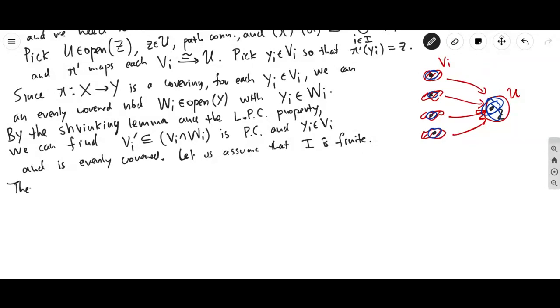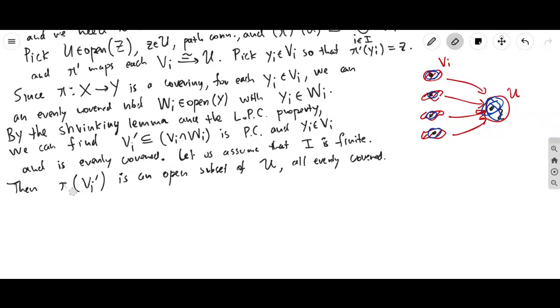So then pi applied to each of these sets, Vi prime, is an open subset of U. So they're all open subsets of U. And they're all evenly covered because, well, it's the shrinking lemma.